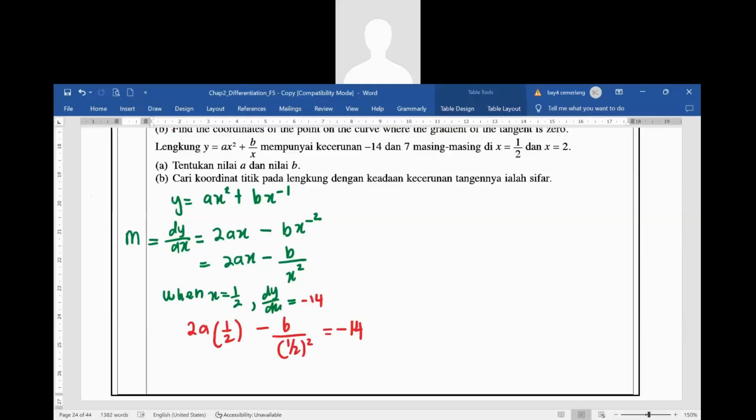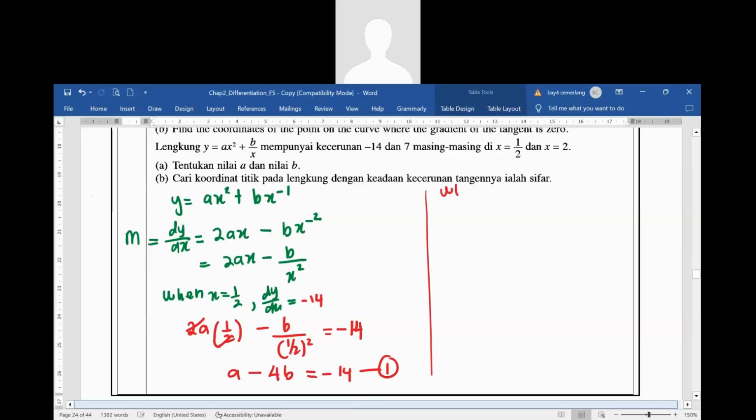Okay, simplify this answer. Half and 2 cancel. So you will get a minus b over 1 over 4. It will become 1 over 4, it goes up and becomes 4b. If you don't believe it, you can do it in the calculator. 1 over 1 over 4, negative 1 over 1 over 4, it will become negative 4. a minus 4b equals negative 14. Equation number 1.